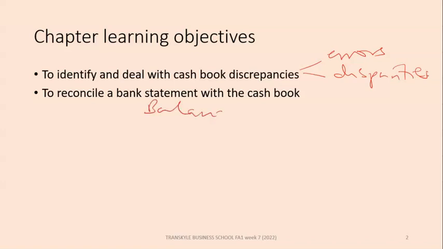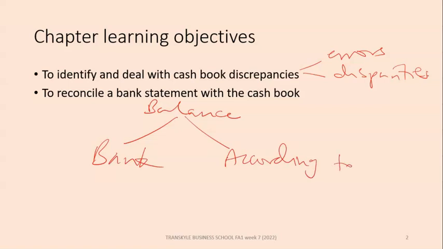We have to worry about the balance at bank and the balance according to our record, and when we say according to our record, we mean according to the cash book. So these balances should actually be the same.